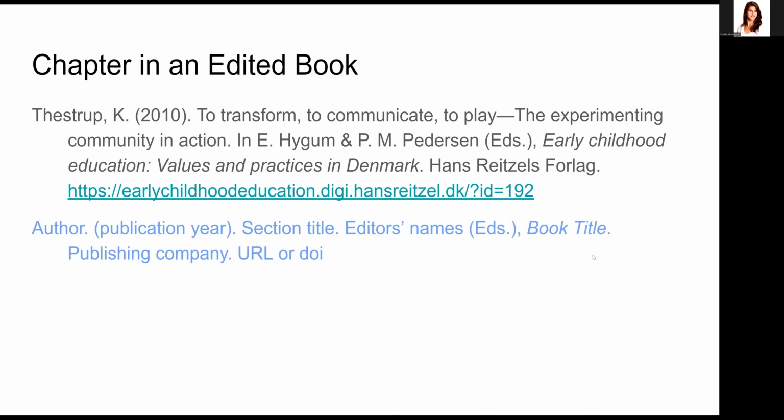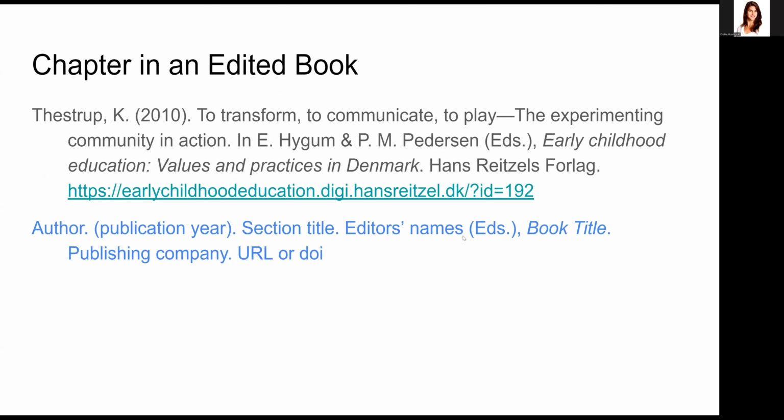So whenever you are writing an entry for a chapter in an edited book, then you want to include the author's name, last name, comma, first initial, the publication year, the section title. So whatever section or chapter that you are referencing, you would include that information next.